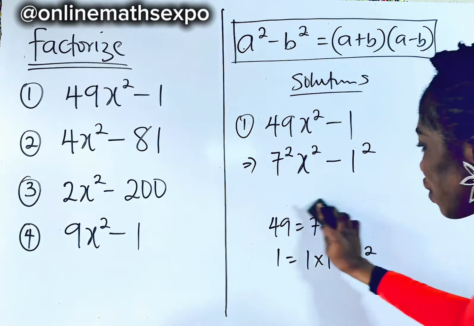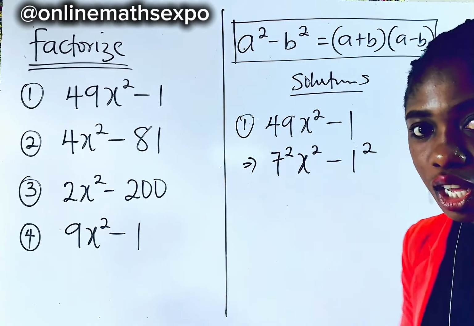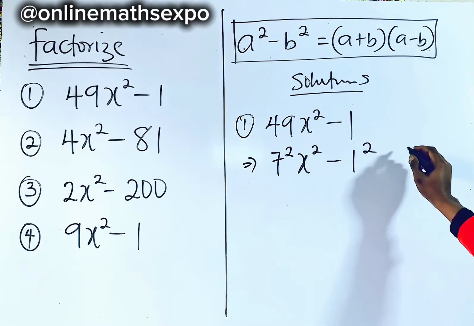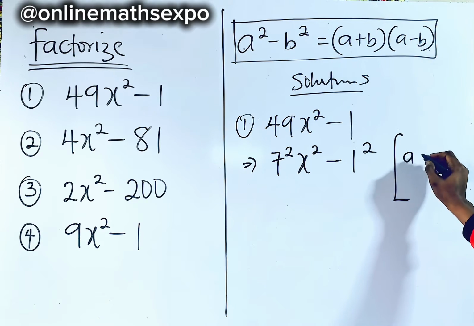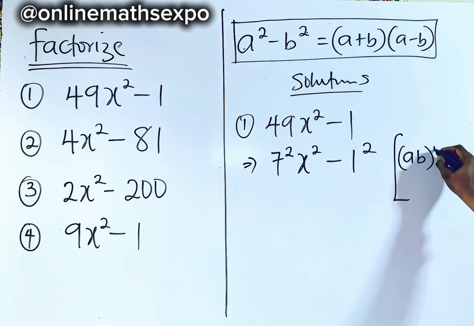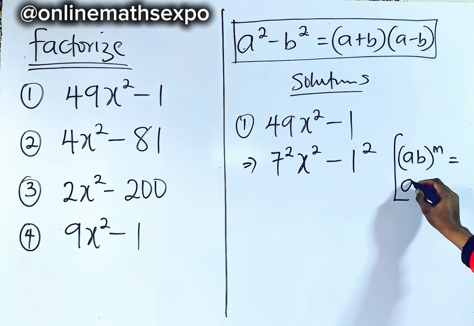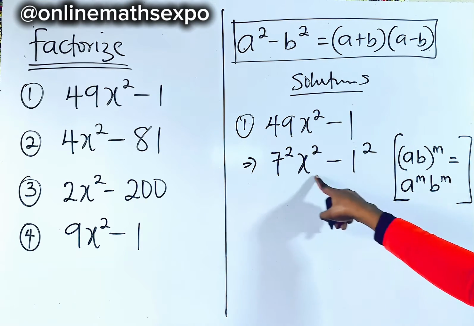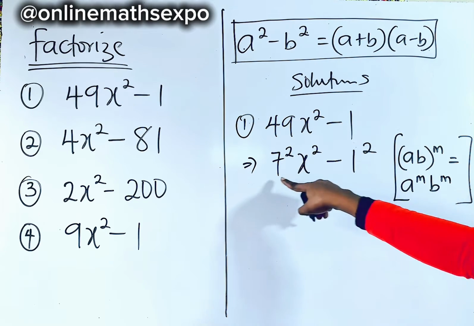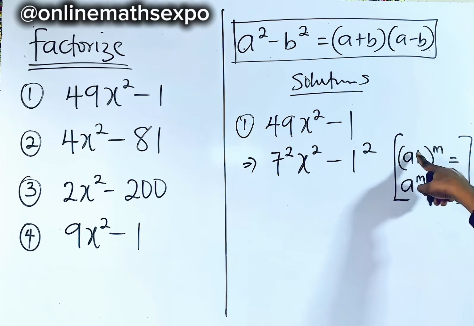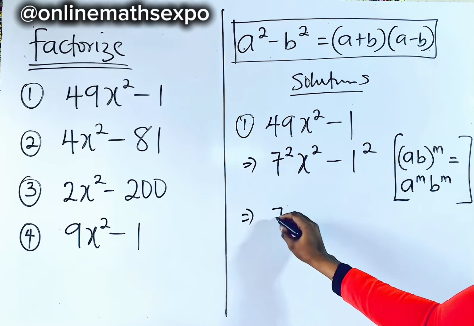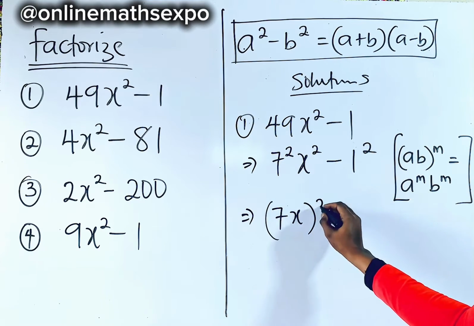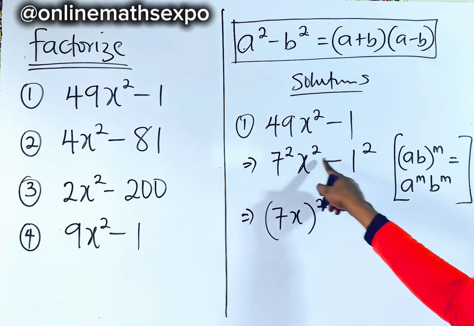Interesting. So what do you think you should do at this point? Remember this rule. For every a, b raised to power m is always equal to a raised to power m, b raised to power m. Okay, so you see that this is of this form. So we want to put this in this form. And if you do that, you have 7x, we now have 1 power since the powers are the same.